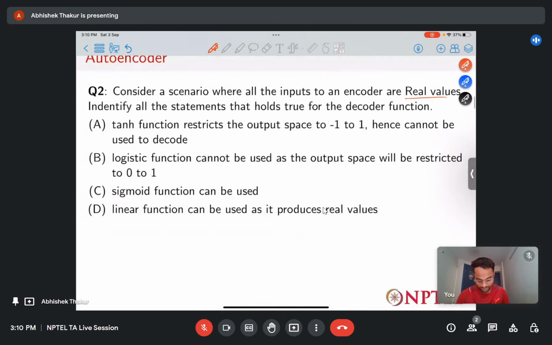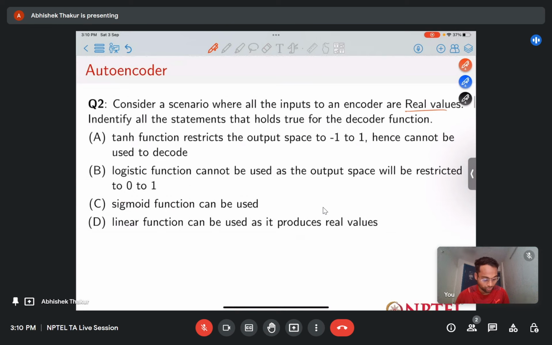So now we'll see the options. Tanh function restricts the output space to -1 to 1, hence cannot be used to decode. This is true. Second option, logistic function cannot be used as the output space will be restricted to 0 to 1. This is also true.